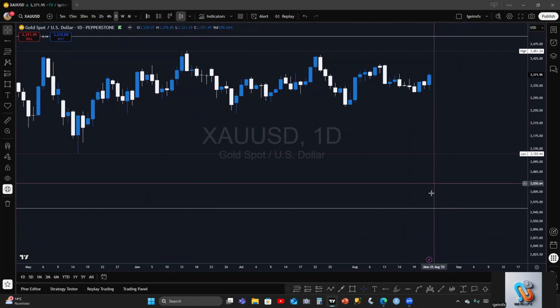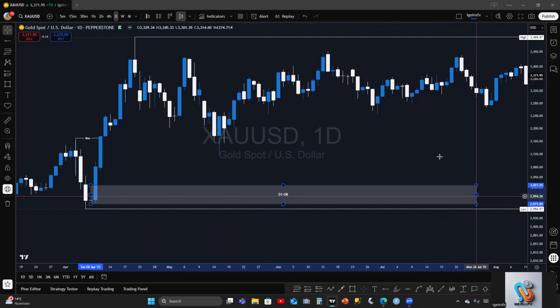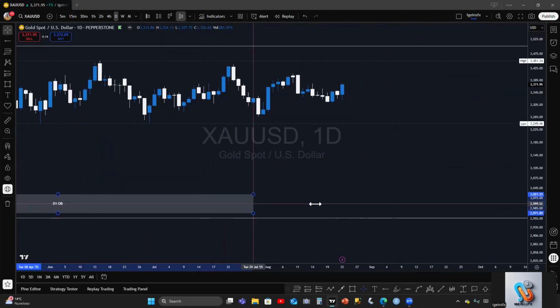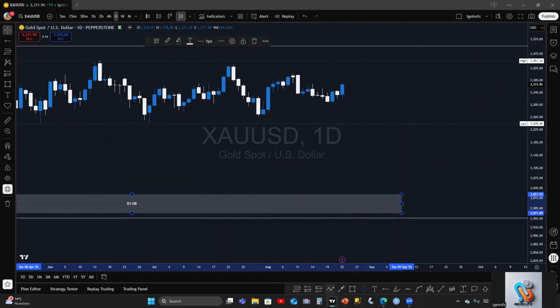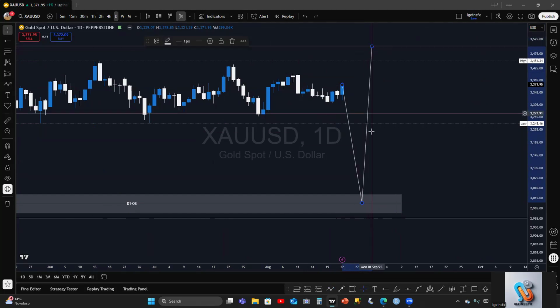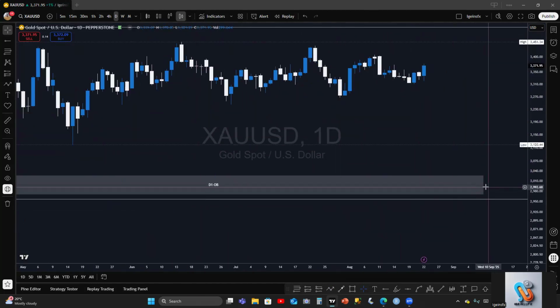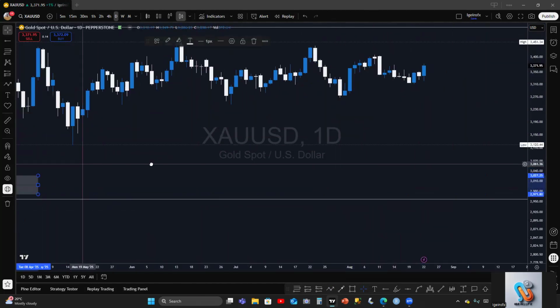As soon as price gets to this point, let me shade it up to this level so that you understand. Anytime price comes to this level, there will be a reaction, and it will push the price back up.